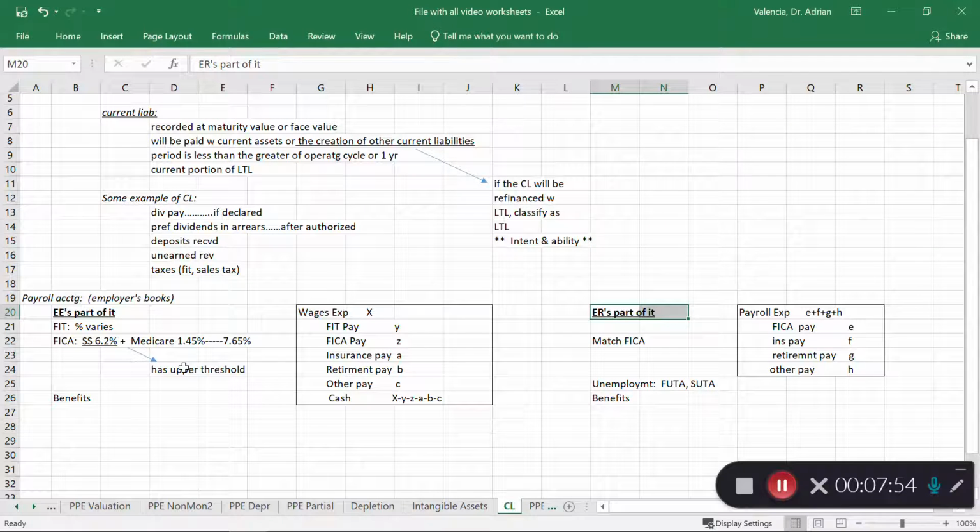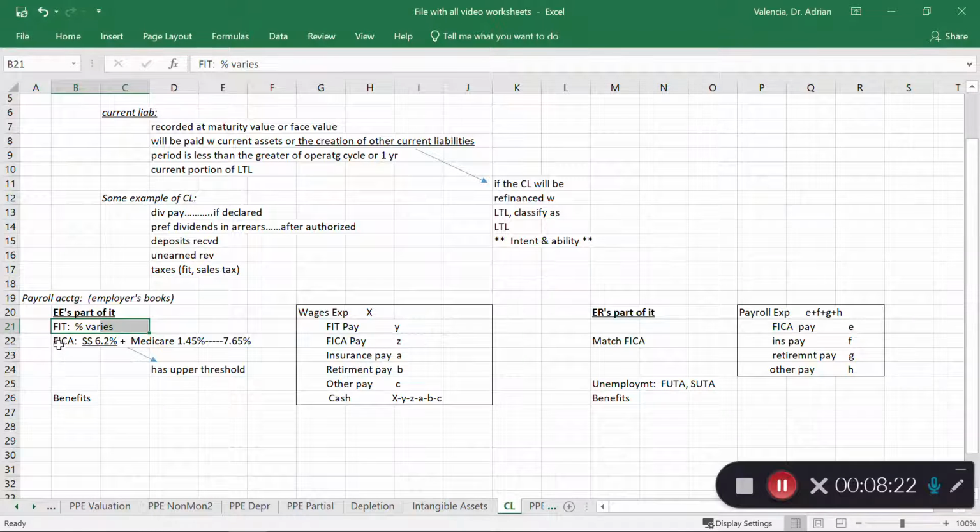So when an employee is paid, the employee has to pay federal income tax. And that percentage varies for everybody. It depends on how much you make, how many dependents you have, whether you're married, single, all those kinds of things. And that percentage comes out of a chart based on those attributes, and then it's taken out of the employee's amount.